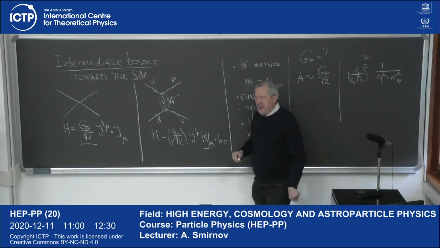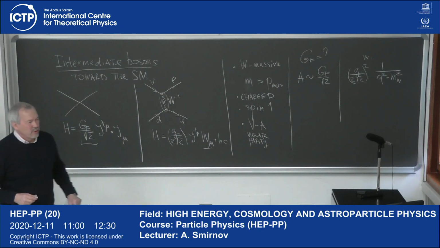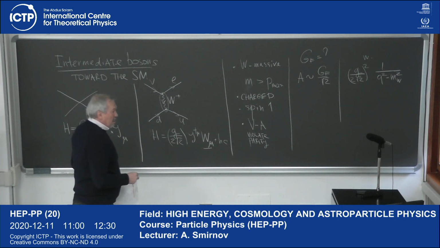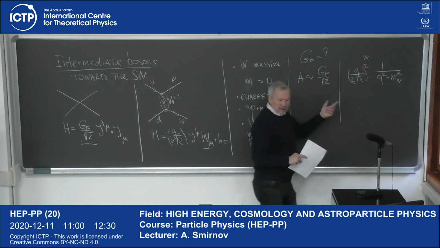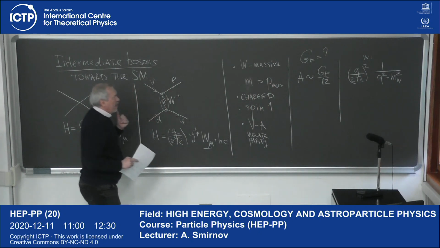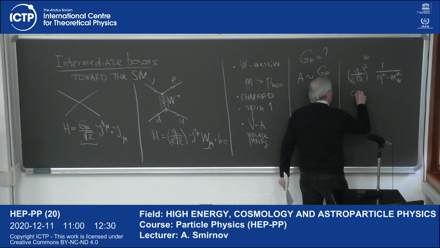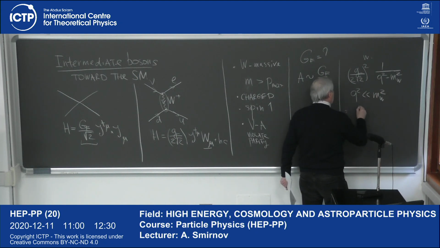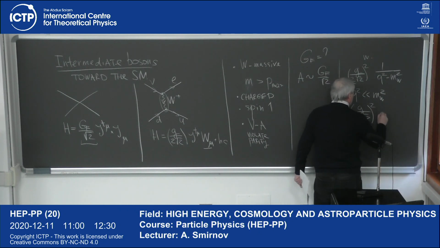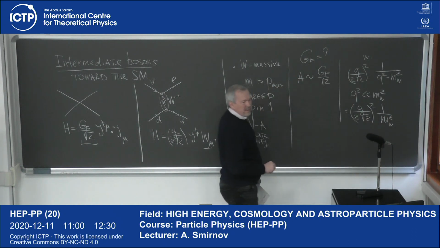Again, I omit what is staying up. So usually what is staying is g mu nu. It depends also on the gauge which you use for computations. But it is enough to take g mu nu, and therefore you will have just one here to compare with. Okay? So if you are at low energies, that is Q squared much smaller than the W boson mass squared, then we can rewrite this as g over 2 square root of 2 squared, times 1 over the W boson mass squared. And I will omit the sign. Sign doesn't matter here.